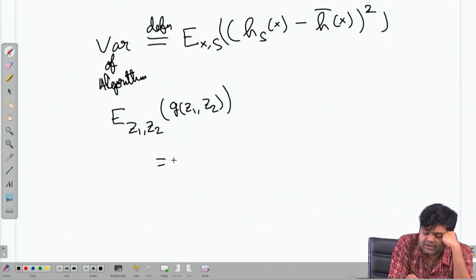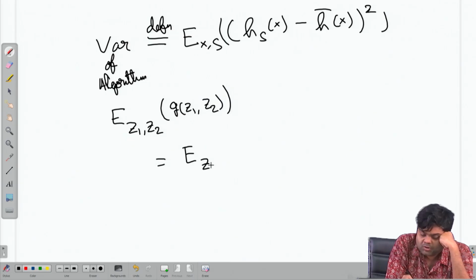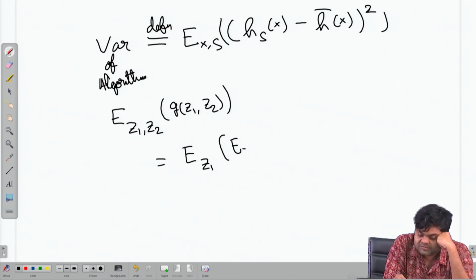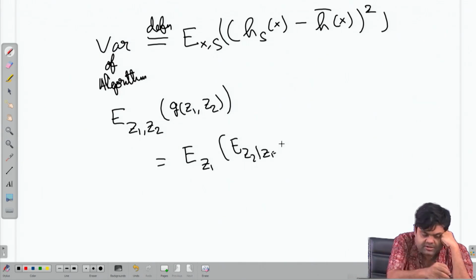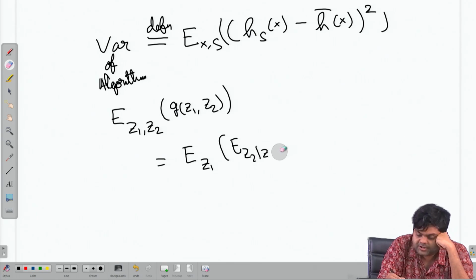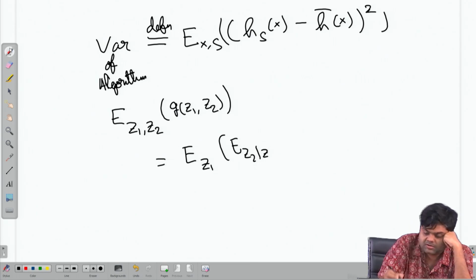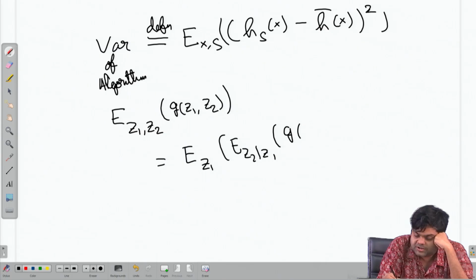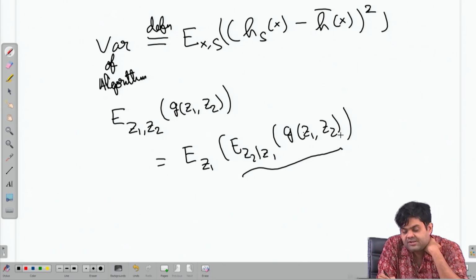This is nothing but expected value over z1 of the expected value of g(z1, z2) given z1 equal to something. You take the expected value of g with respect to the conditional distribution of z2 given z1, that is, fix z1 and take the distribution of z2 when z1 is fixed.